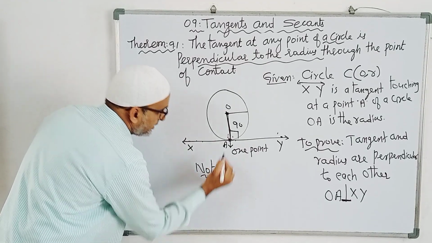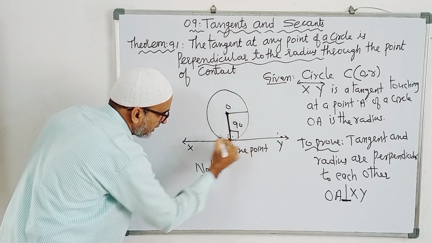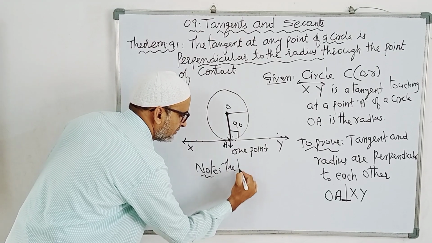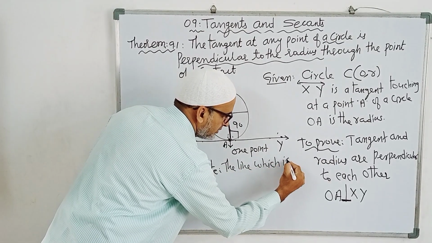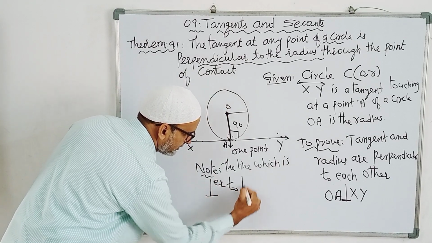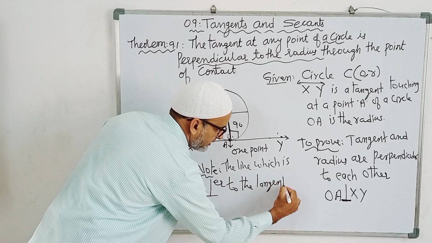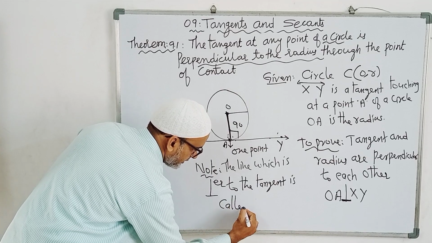Note, you see the perpendicular line, the line which is perpendicular to the tangent, is called what?